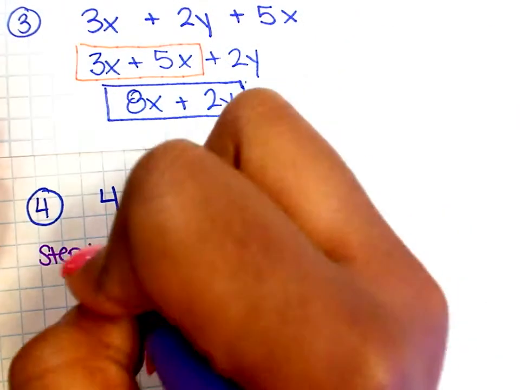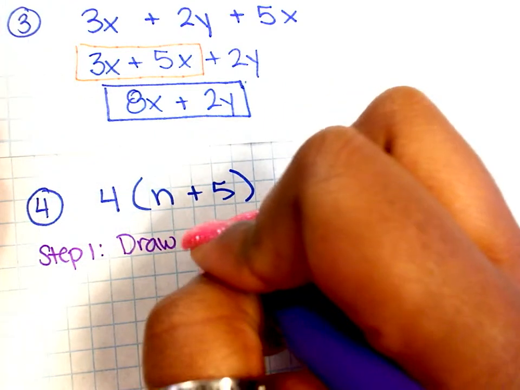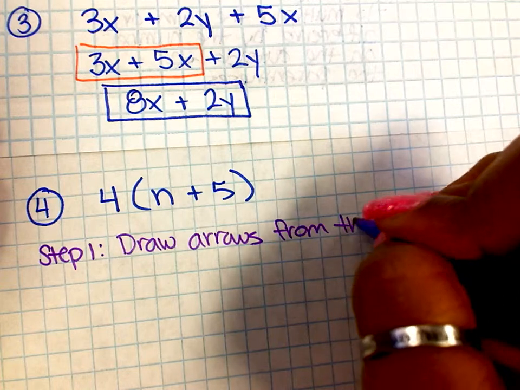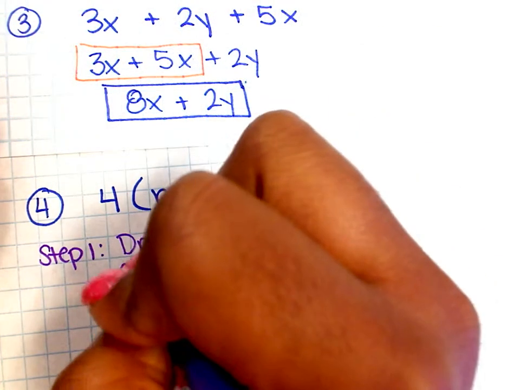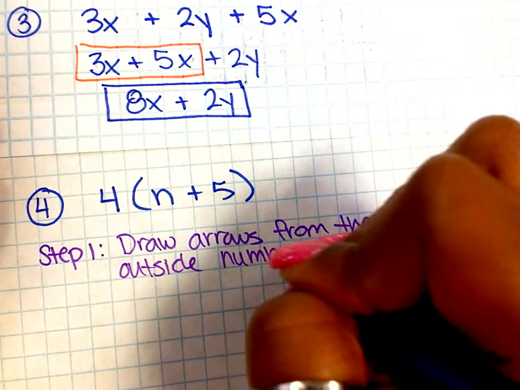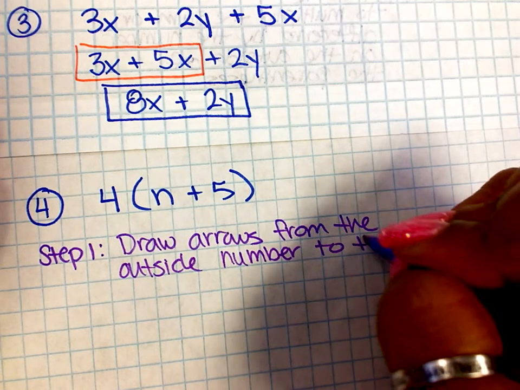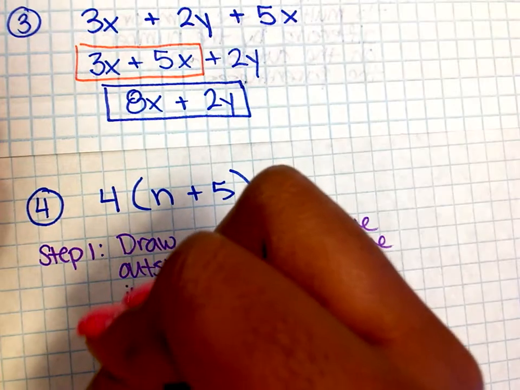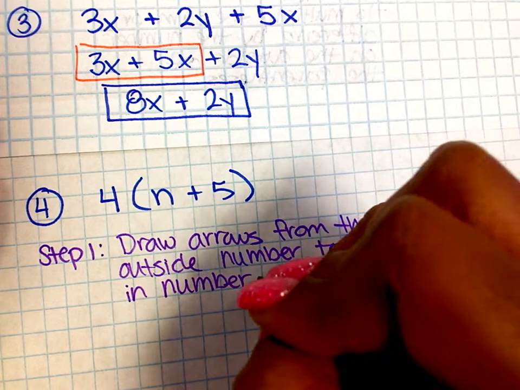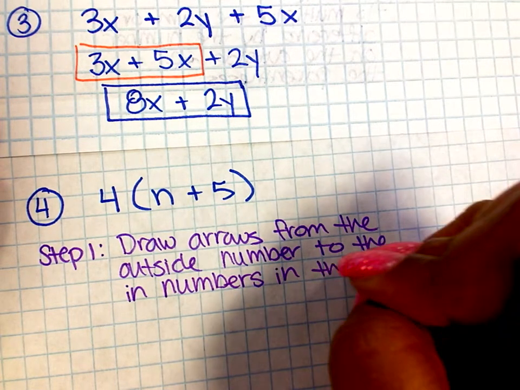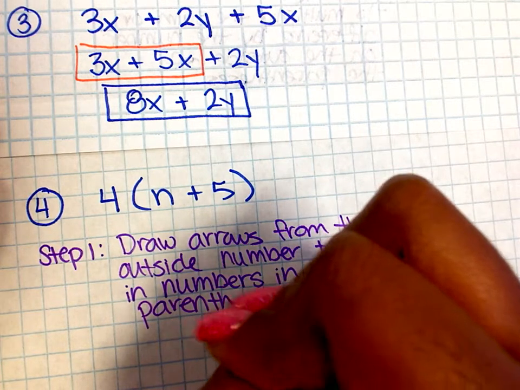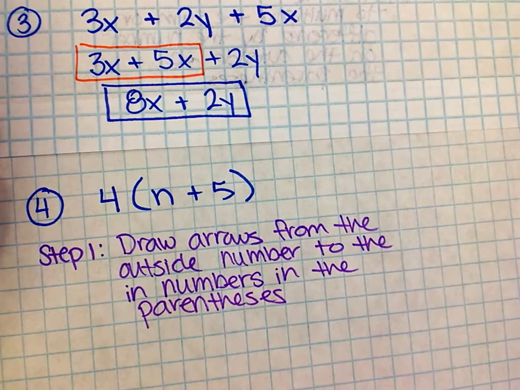I like to draw arrows from the outside number to the inside numbers in the parentheses. It's kind of a long step, but it's a short step to actually do.